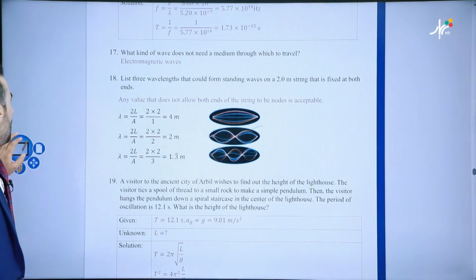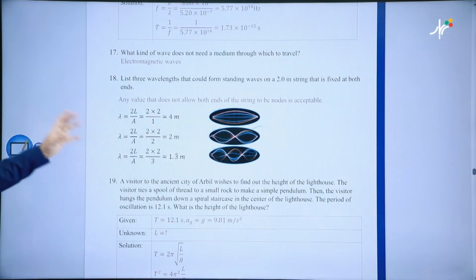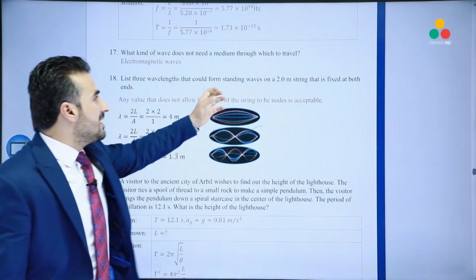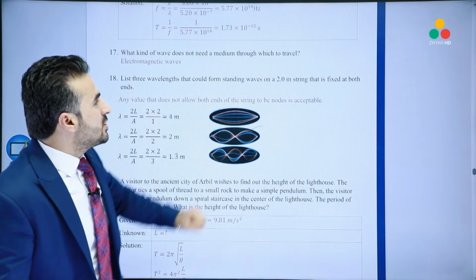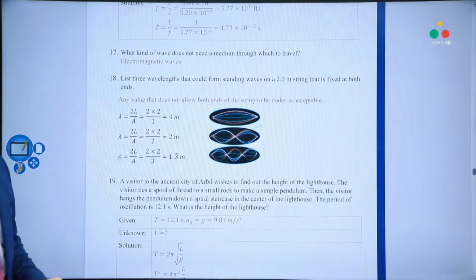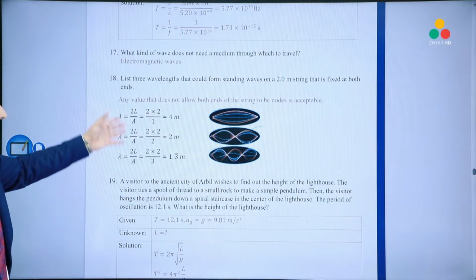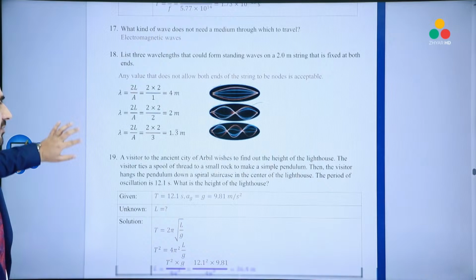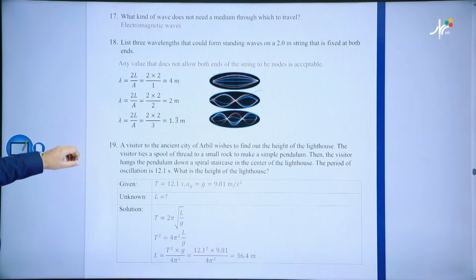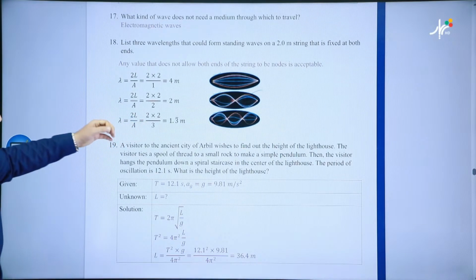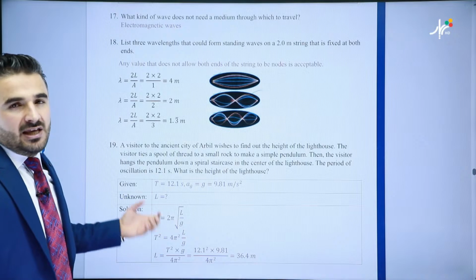Okay, now question 18 says, list 3 waves that could form standing waves on a 2 meter string that is fixed on both ends. Remember, we had a question similar to this previously. In order to do this, of course, we must have a complete number of antinodes.